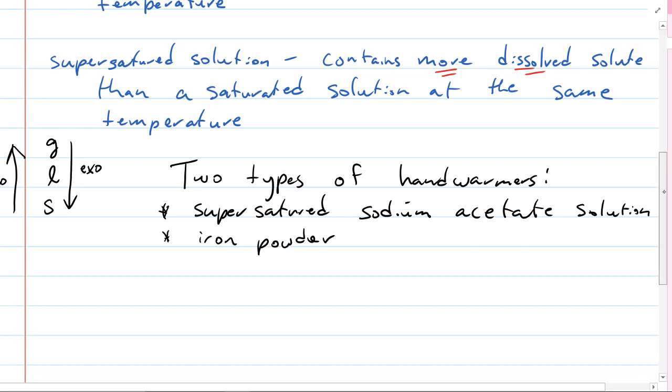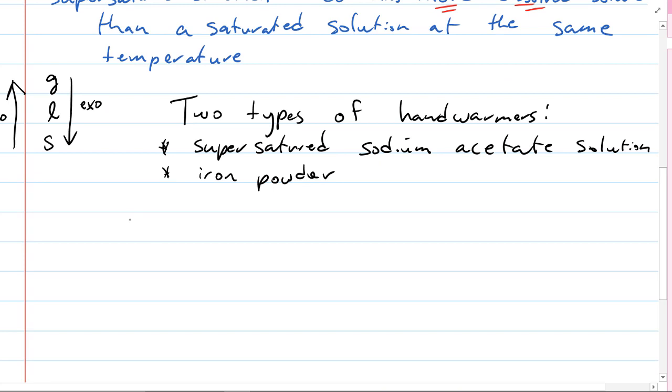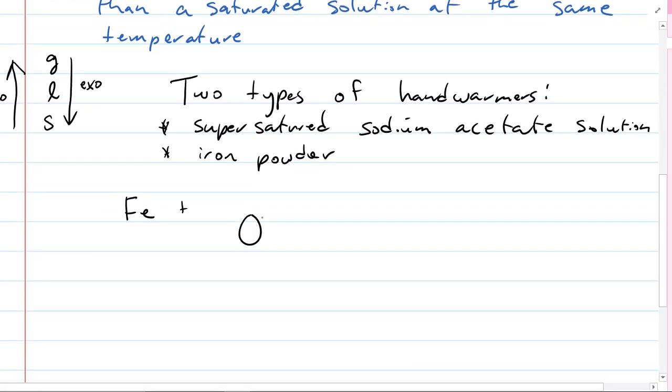And so what happens is that that iron powder, once we tear it open, is going to be exposed to oxygen, which you write as a formula of O2. And this is not a fancy reaction. What do we get when we combine iron and oxygen?